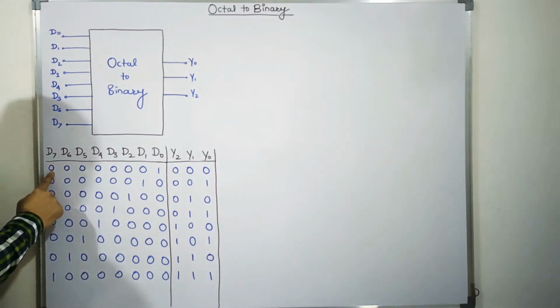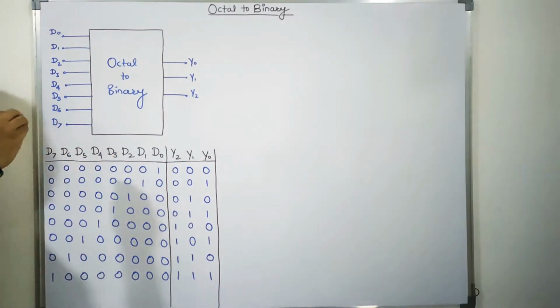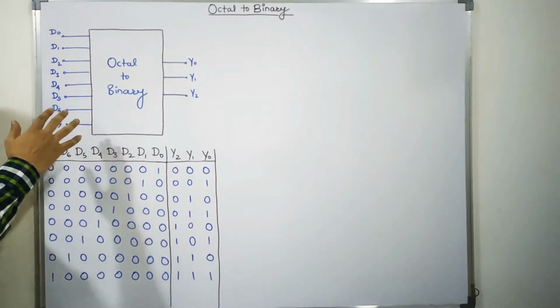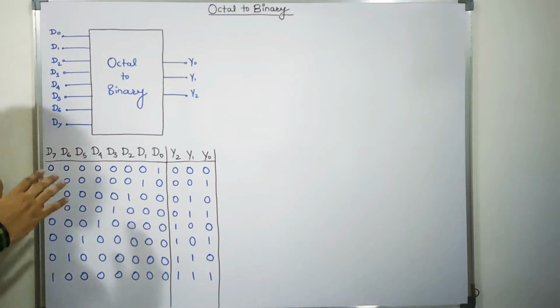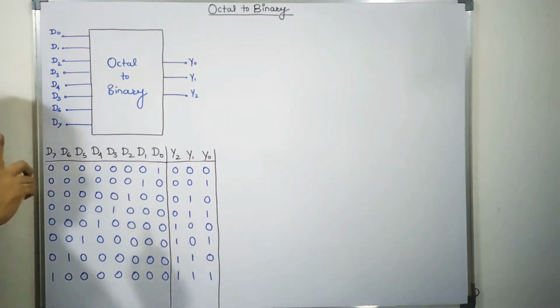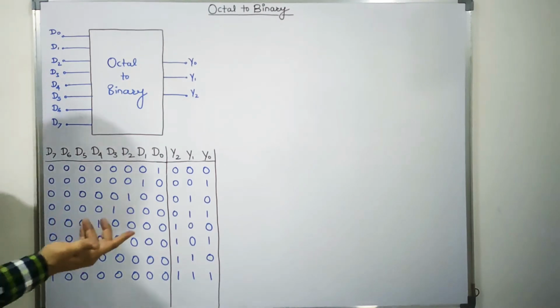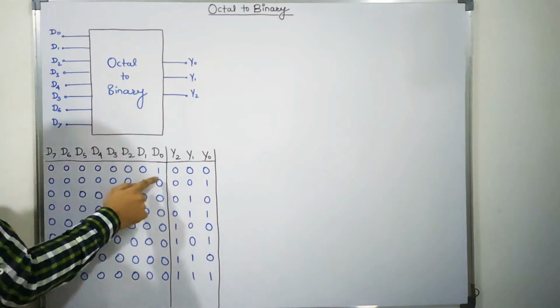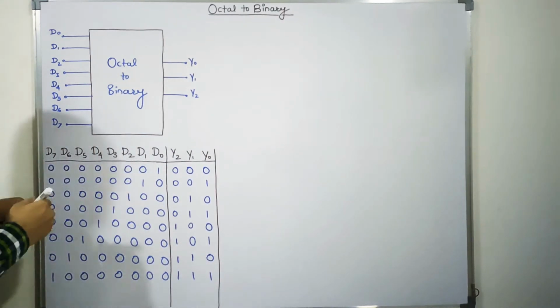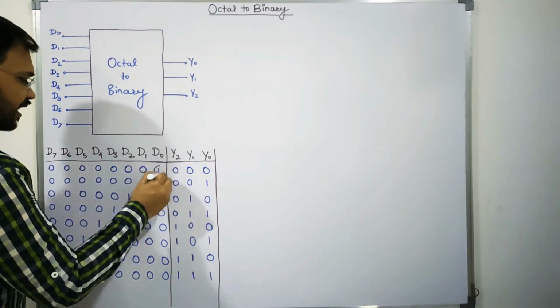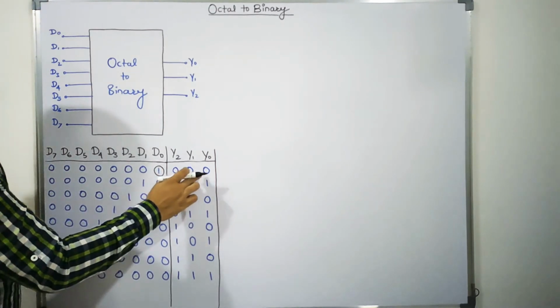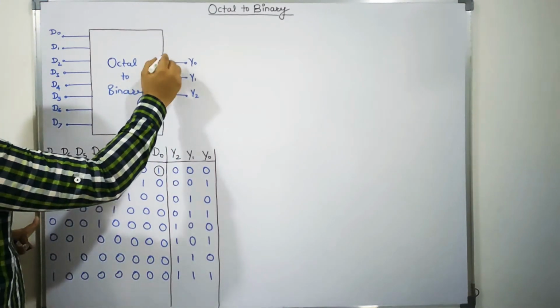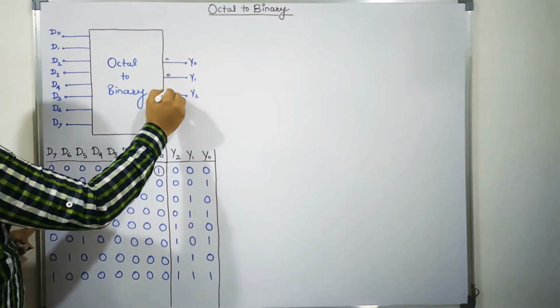Start with D0. As per the definition or statement of this octal to binary encoder, at a time only a single input is high, or active. If D0 is high, we get the output 0 0 0.